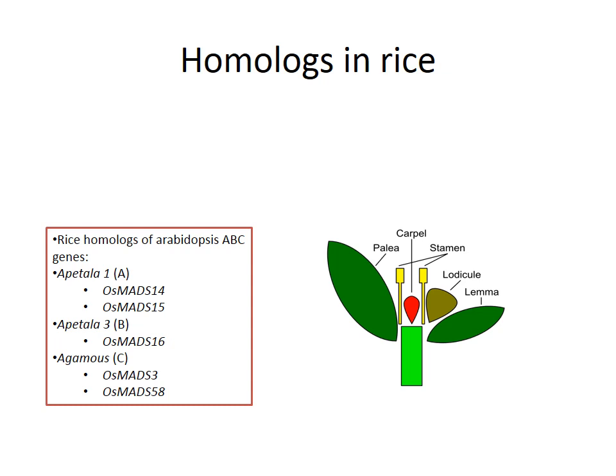Homologs in rice: likewise in Arabidopsis, Antirrhinum majus or any other crop, in rice the homologs of Arabidopsis ABC genes are: for Apetala 1, the homologous genes are OsMADS14 and OsMADS15. For Apetala 3 it is OsMADS16. For agamous, class C, it is OsMADS3 and OsMADS58. These are the genes which are analogous to the genes present in Arabidopsis.